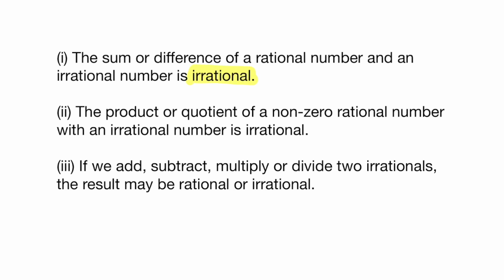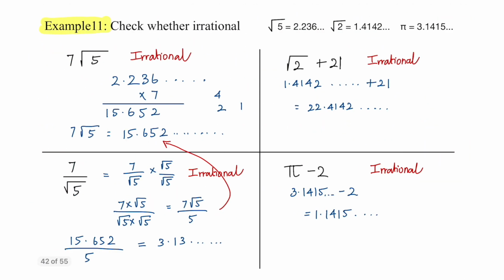So what they have said is that this is the first question, right? We have seen the sum of 21, which is a rational number, and root 2, which is an irrational number. So the sum of an irrational number and a rational number is irrational in nature. Now here 2 is rational and 5 is irrational, and subtraction of that gives you an irrational number.